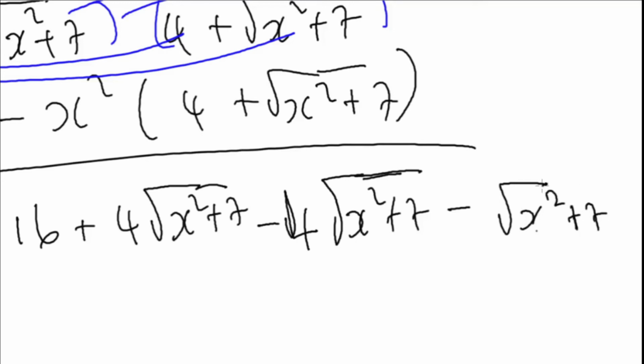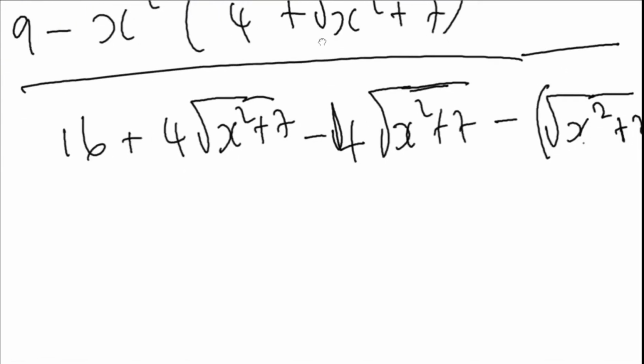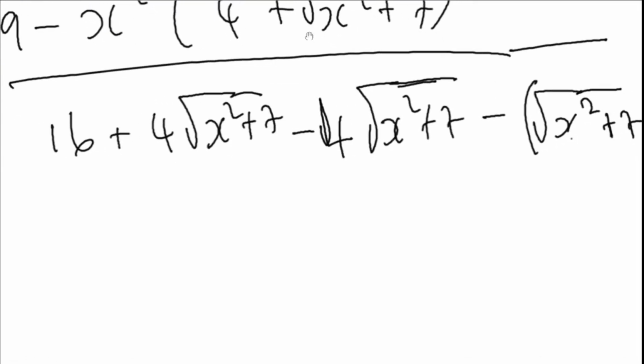So that's how you solve this. You put squared here, don't forget that. After this, you can cancel out those that can be cancelled. You see this can cancel with this, it is equal to 0, so you remain with 9 minus x squared.